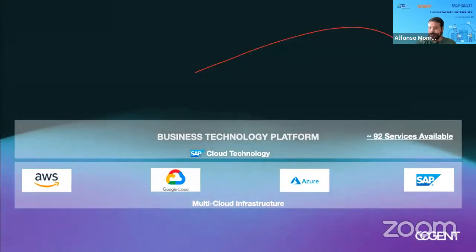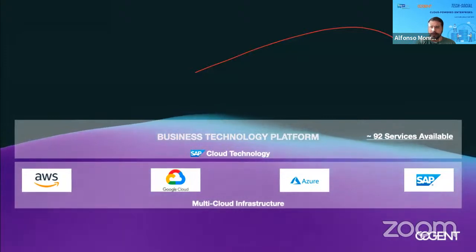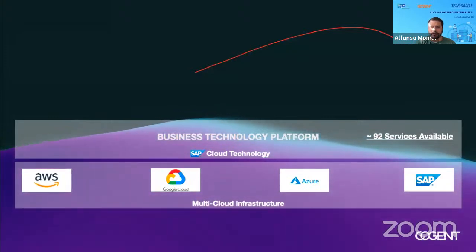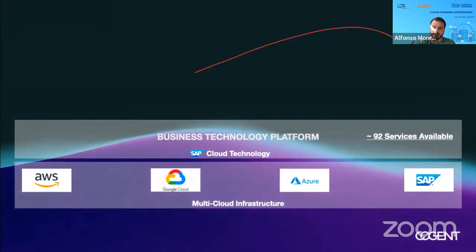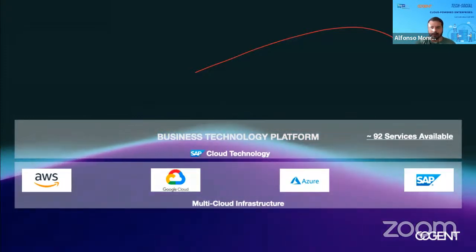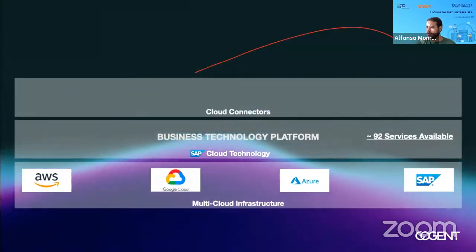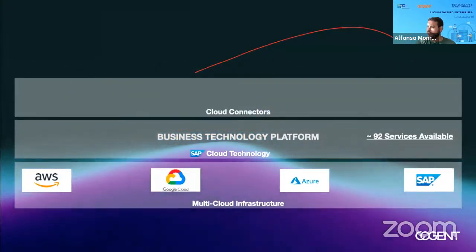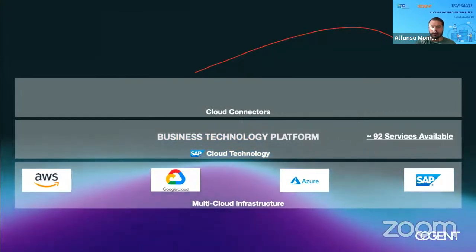So, there is a special layer in BTP that we can see as connectors or different solutions to integrate SAP with different services or other software. So that's why I want to mention these cloud connectors that are available in BTP.